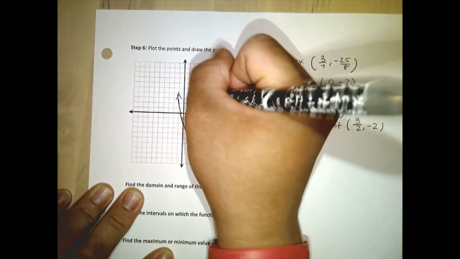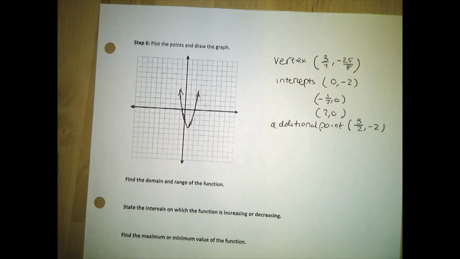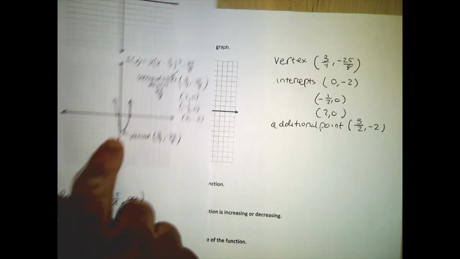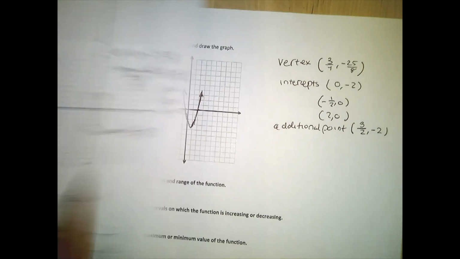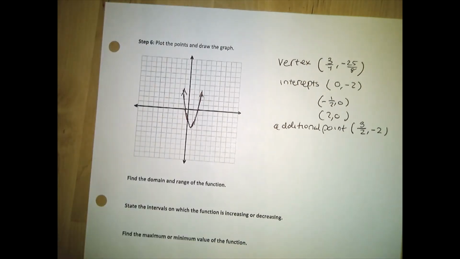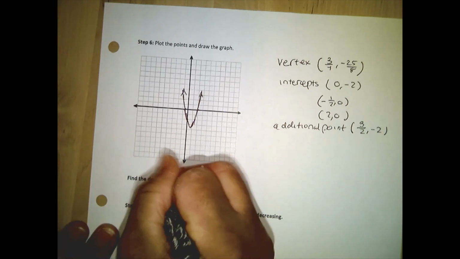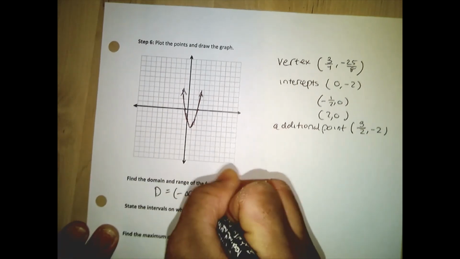Well, guess what? I did this all without completing the square, and I got the same result. All right, so keep that in mind, that this is another option, and your domain is still going to be negative infinity to infinity.